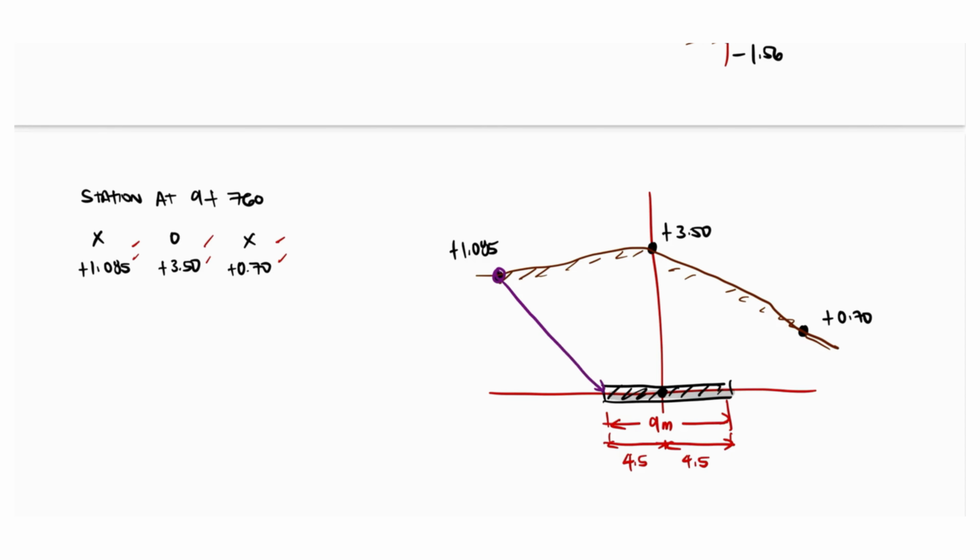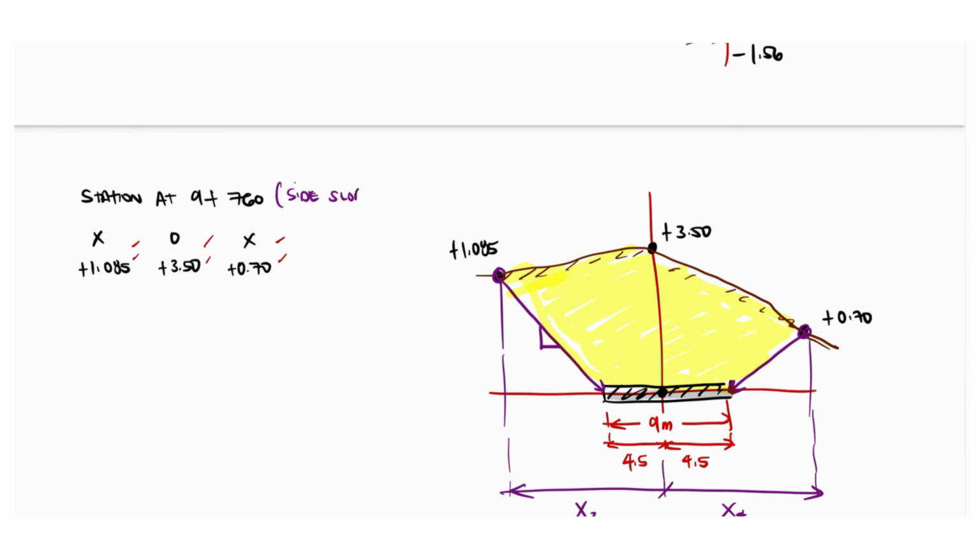Next, sketch the trench lines from the left and right edges of the terrain down to the corresponding edges of the road base. Complete the horizontal distances in the unknown values, x3 and x4. Using the same solution procedure from the first requirement, we use the similar triangle equation and the given side slope, which is 1:1.